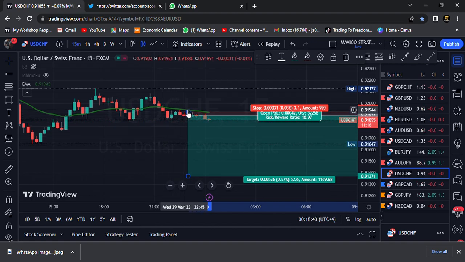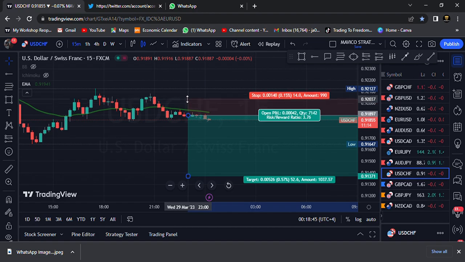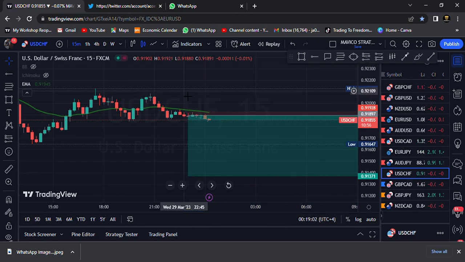If we want to give the market some space to breathe, we will have to come here, which is going to be like 19 pips or 29 pips, which is too much. So we keep it here. 5 pips, 7 pips, which is okay.